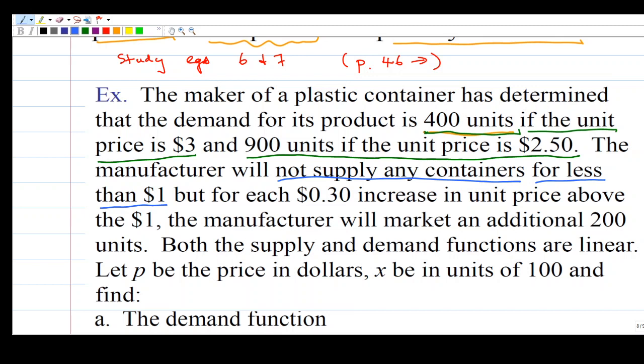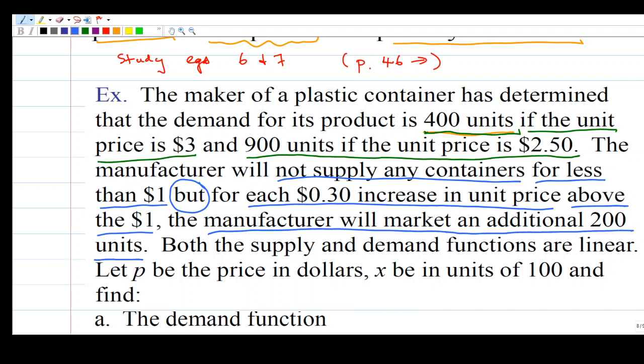But for each $0.3 increase in unit price above the $1, the manufacturer will market an additional 200 units.